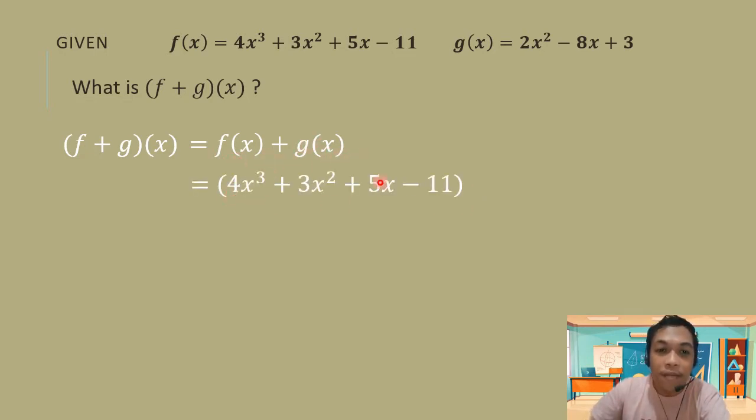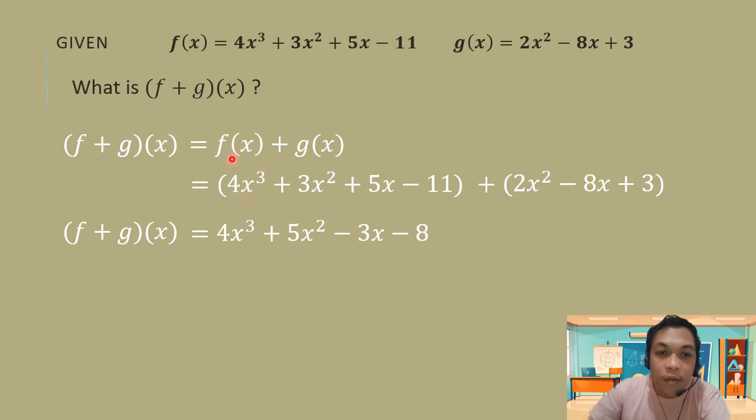So for our f of x, we have 4x cubed plus 3x squared plus 5x minus 11, and then plus yung ating g of x, yung value niya we substitute, that is 2x squared minus 8x plus 3. Now, perform the indicated operation by combining like terms.